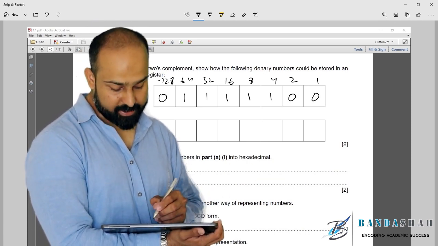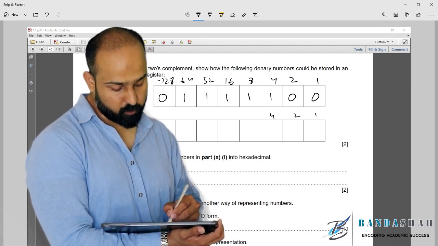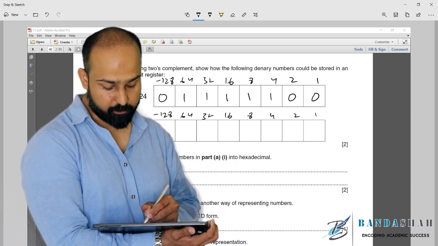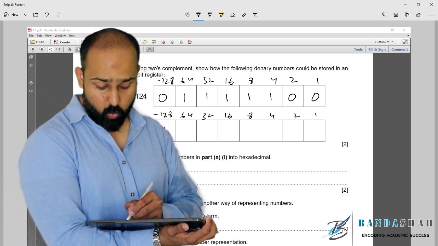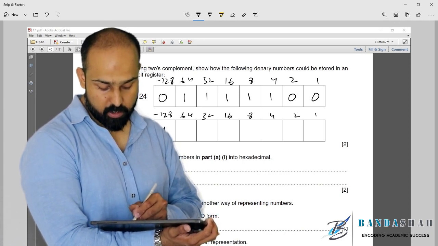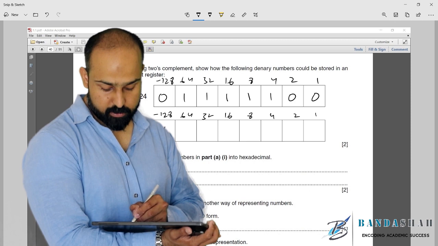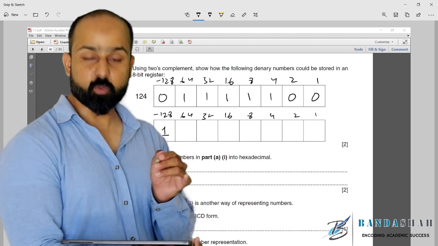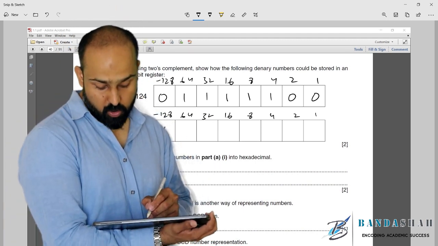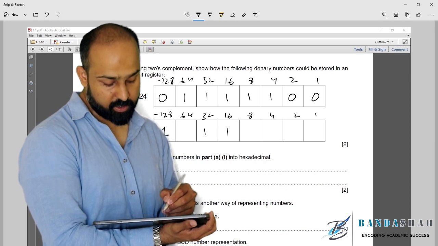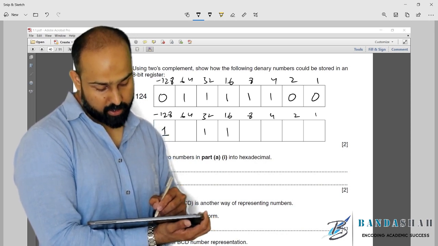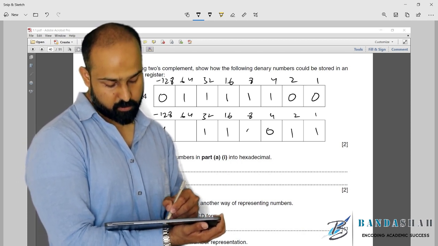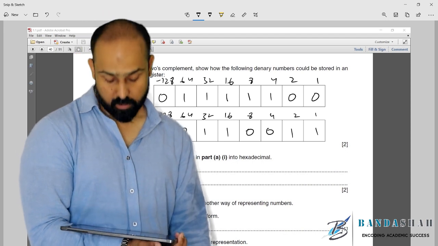And if minus 77, 1, 2, 4, 8, 16, 32, 64, minus 128, we know that it's a minus value, so 1 will go there. 128 minus 77 is 51, so we need to add 51 to minus 128 to make minus 77. So 51: 32 and 16 is 48, 48 and 2 is 50, and 1 is 51. There you go, minus 77.